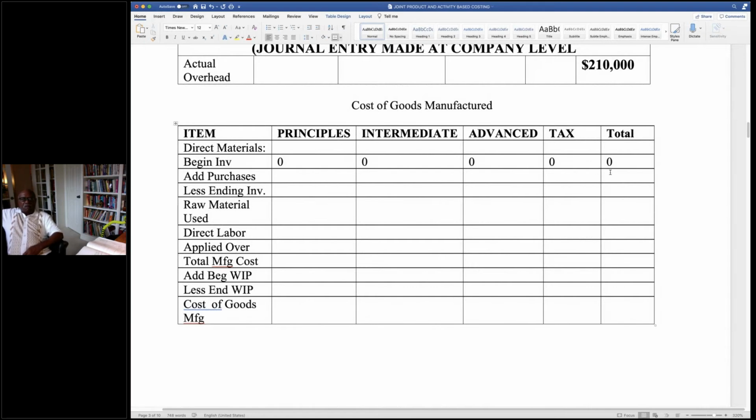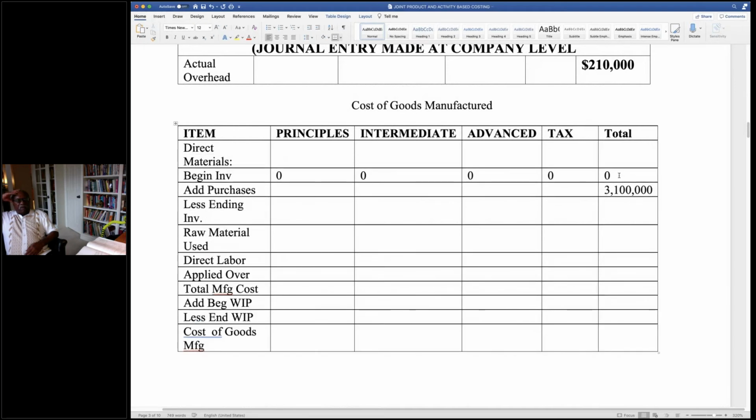Oh yeah, right. Oh, $3,100,000. And then the next one, we're gonna put the ending inventory on both of our T charts for the raw material.